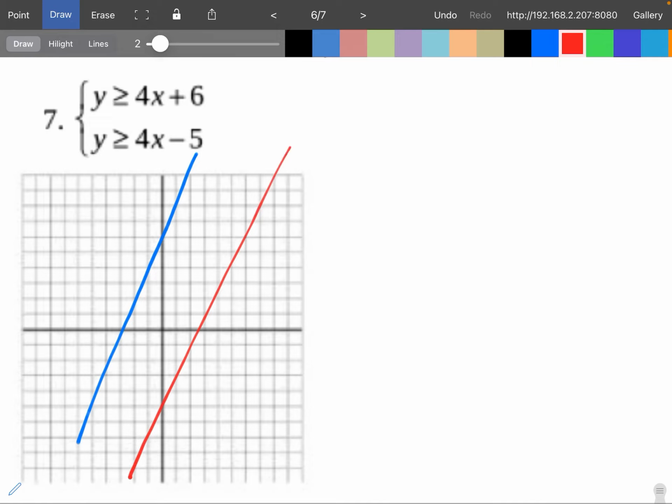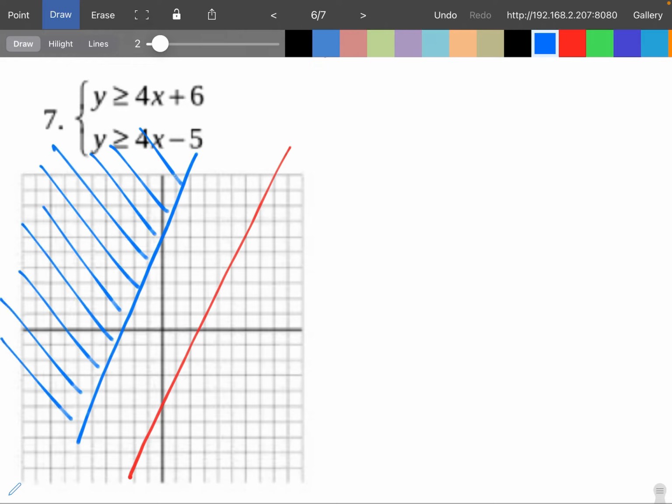We got same slope, right? Both of these got a slope of up 4 over 1. The top one's got a y-intercept of positive 6. So that would look something like this. The bottom one is parallel to it with a slope of up 4 over 1, but it's got a y-intercept of negative 5. So it'd be something like this.